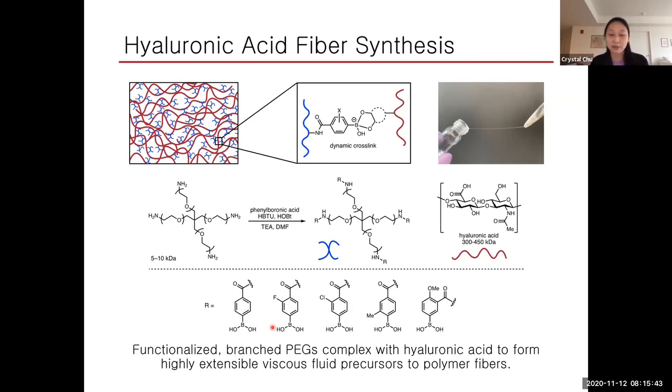And then how these chemical substituents would affect the mechanical properties of the solid fibers. So we synthesized a small library of PEGs where we've incorporated, this is an unfunctionalized one, and then different electron withdrawing and electron donating groups near the boronic acids.